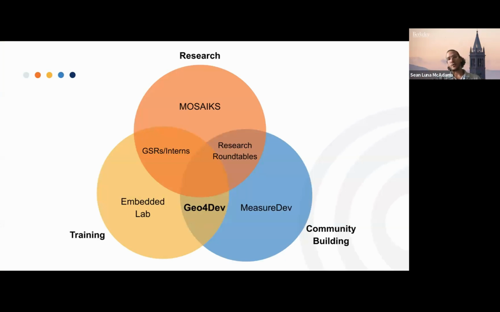A concrete example I can give you is we funded a tool called MOSAIKS. I'll drop the link also in the chat. You have to copy paste it, unfortunately. We funded a research team to create an API for this tool. It's essentially a black box way to get structured data from satellite imagery.